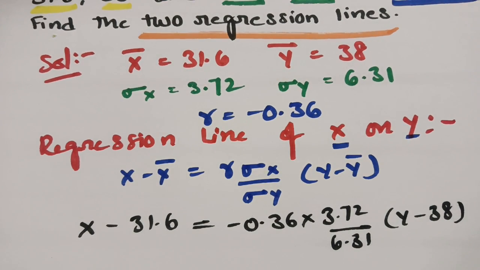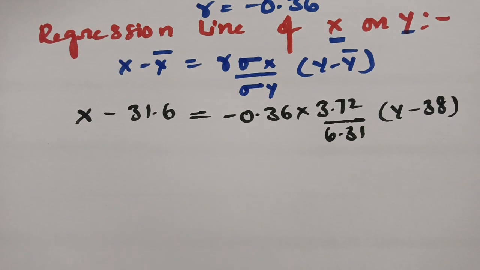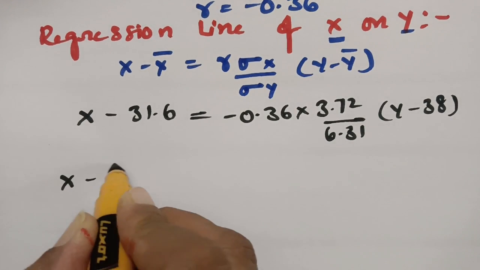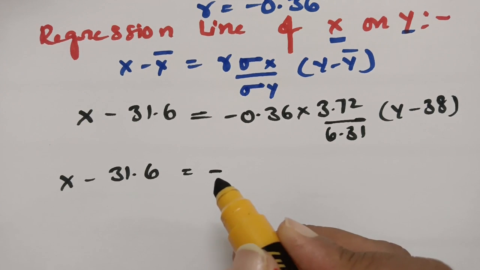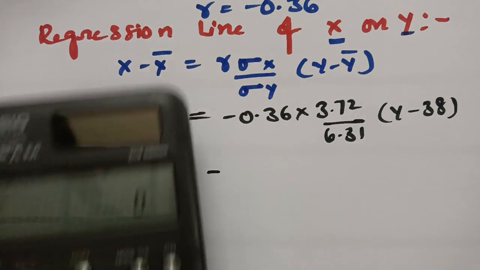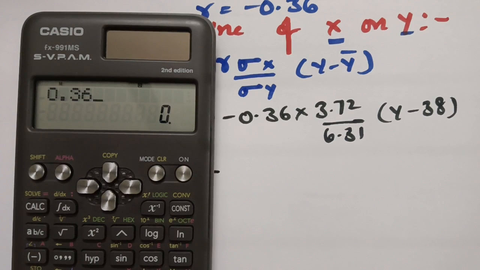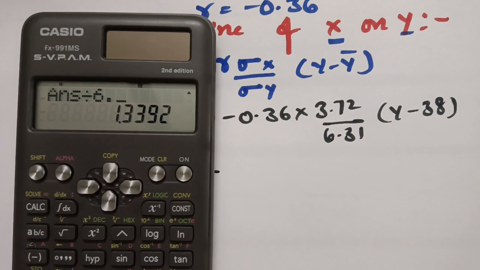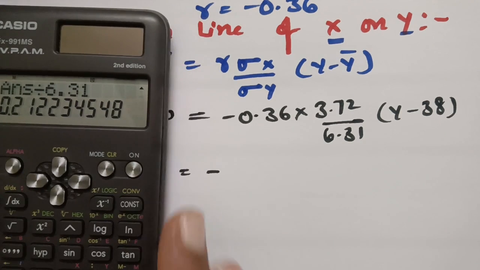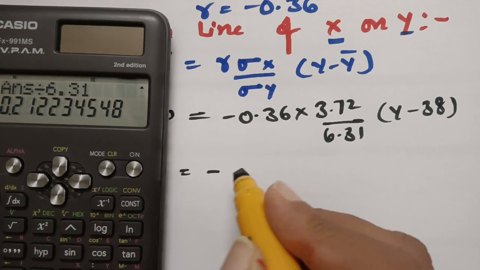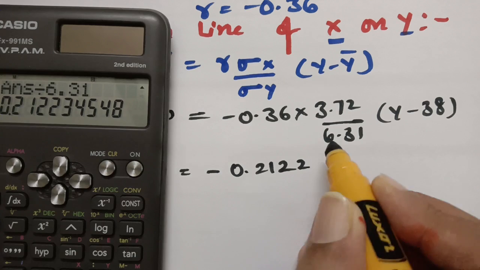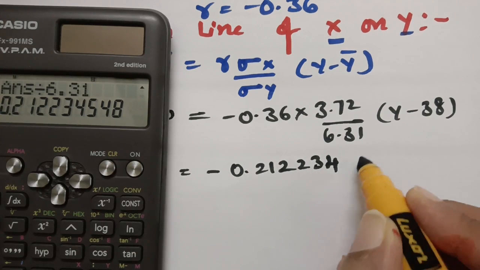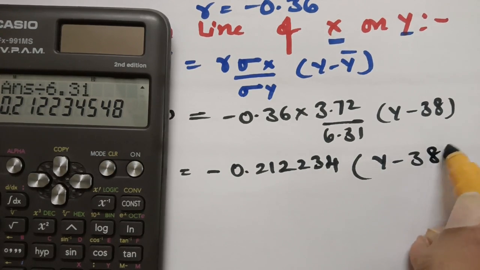Now I have to calculate each value. So x minus 31.6 is equal to minus 0.36 into 3.72 divided by 6.31, and this value is minus 0.2122, into y minus 38.